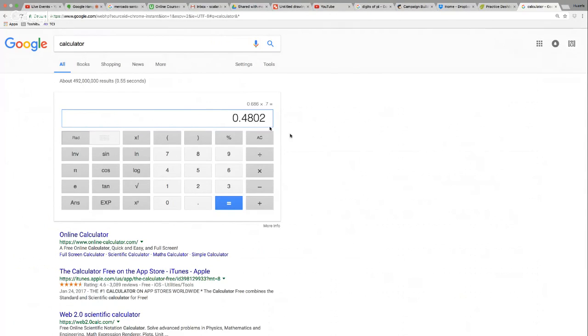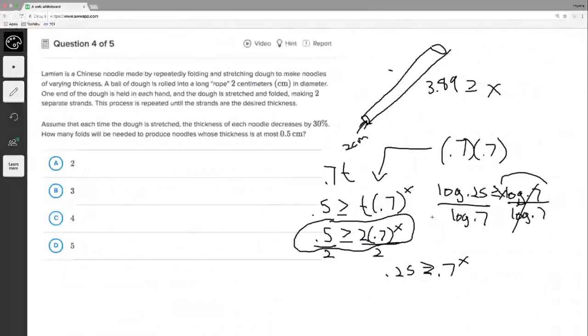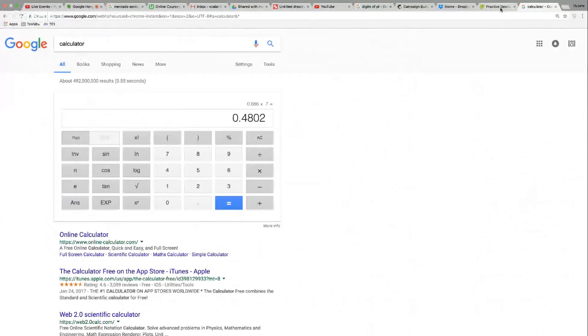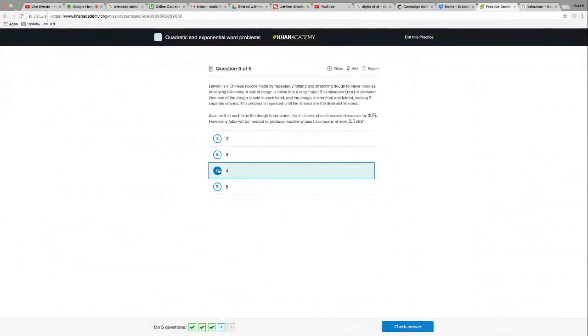So it's 4 times. It has to be 4 times. That's going to take us below 0.5. Something got a little confusing to me, because this is saying x is less than or equal to 3.89, but it's got to be 4. So we'll take 4 folds before it's less than 0.5.